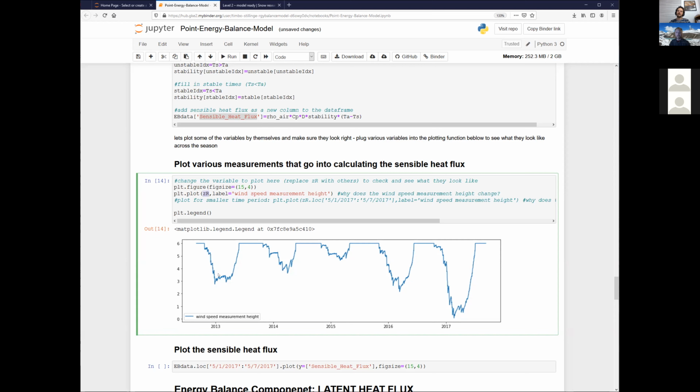So why is this changing so much? Why is our wind speed height changing? Are we moving our wind speed sensor around on our station every day? Why is it changing so dramatically?